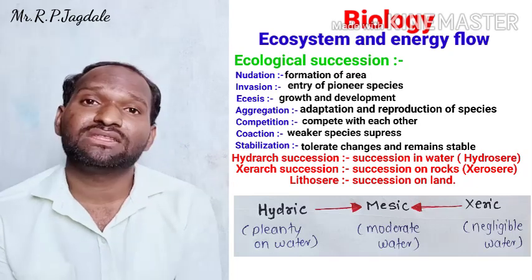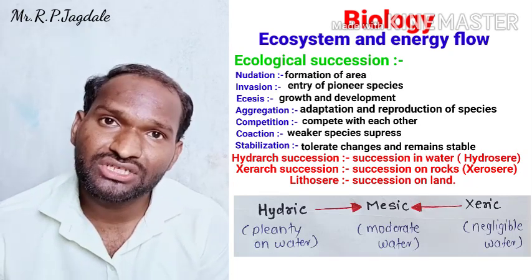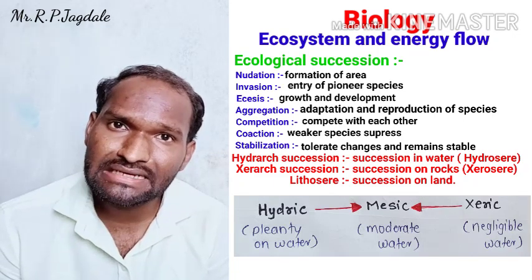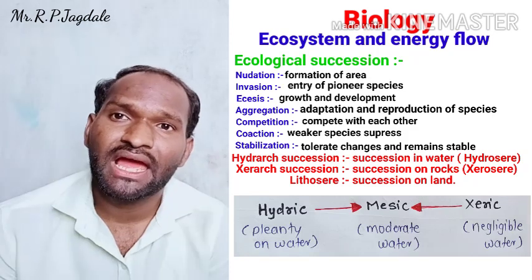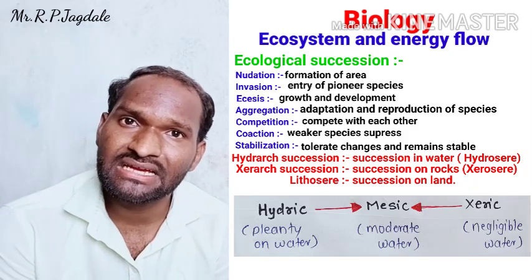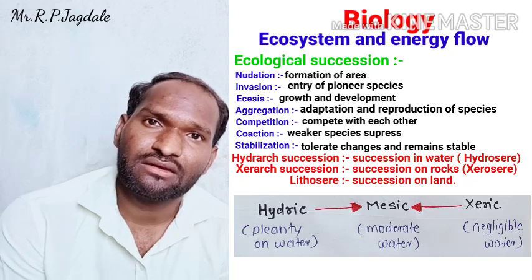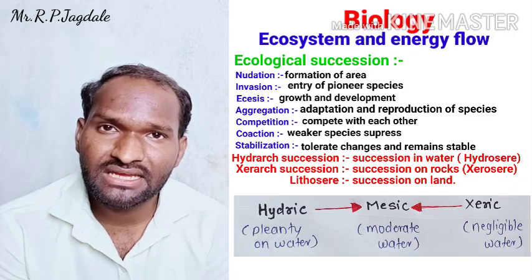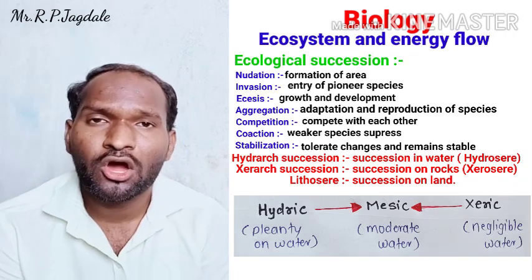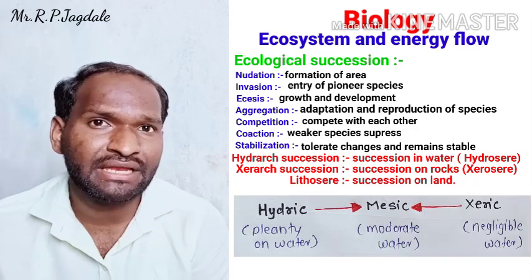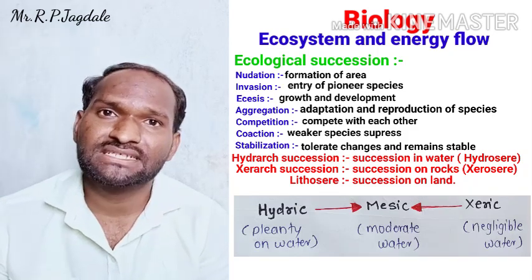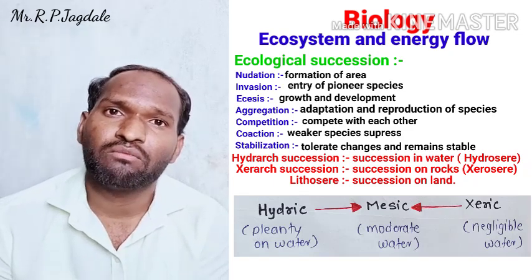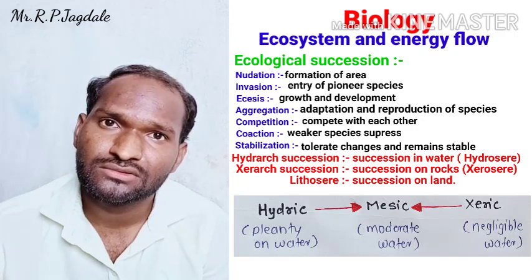Then you can see the three conditions. Hydric condition, where plenty of water is present. At the center, mesic condition, where a moderate amount of water is present, and at one end the xeric condition, where dry, negligible water is present. So whether it is a xeric condition with negligible water or a hydric condition with plenty of water, both successions end in the mesic condition, where a moderate amount of water is present.